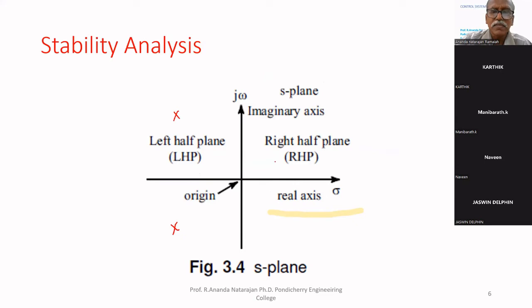How are zeros represented? Suppose I have a zero here and a zero here. Zeros are represented by a circle. Definitely a complex conjugate will be there.